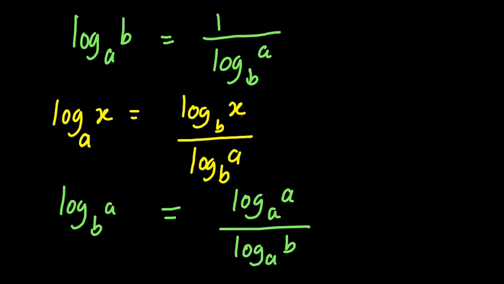So we can apply that property here, and this is the same as 1 over log base a of b, using the property of identity.